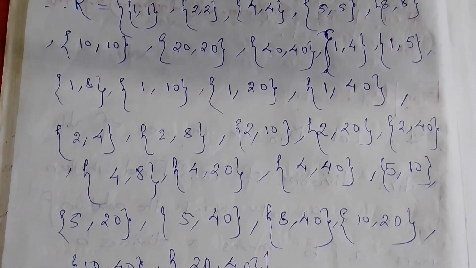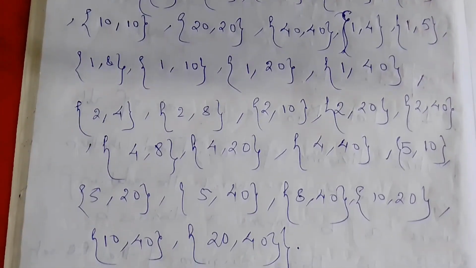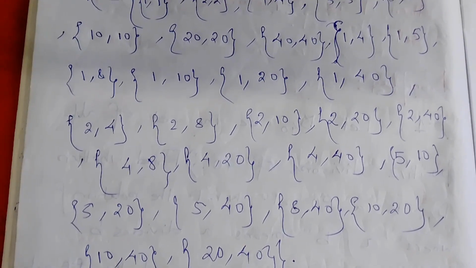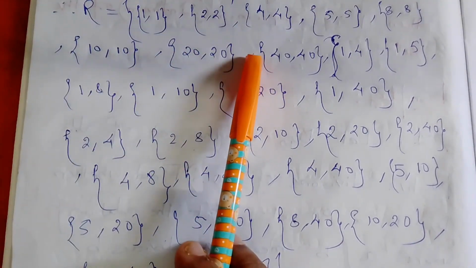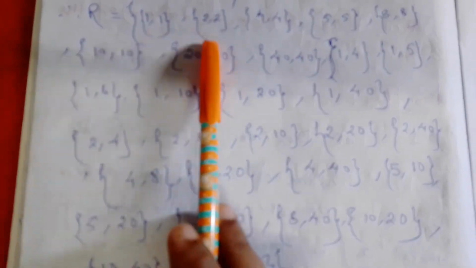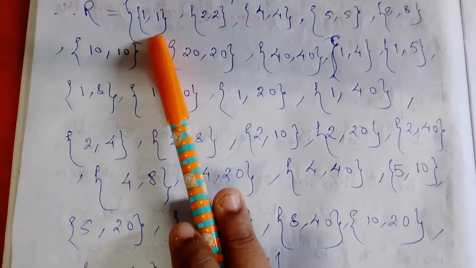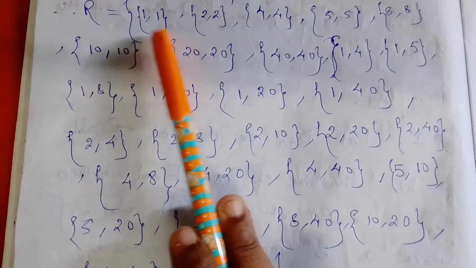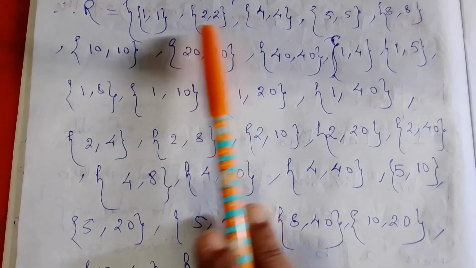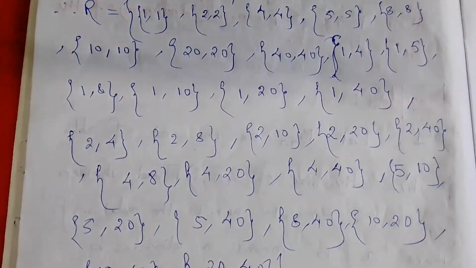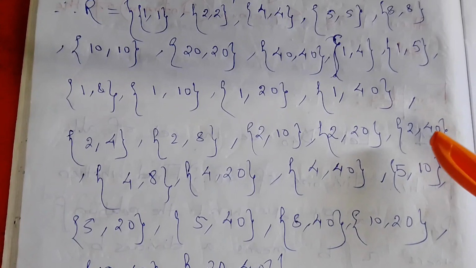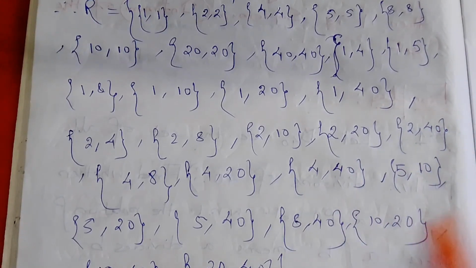So this is a POset with respect to the divisibility relation because it is reflexive: the relation set consists of 1 1, 2 2, so every element has a relation with itself, like 1 divides 1, 2 divides 2, and 4 divides 4. So the reflexive property has been preserved. The relation set is also antisymmetric.